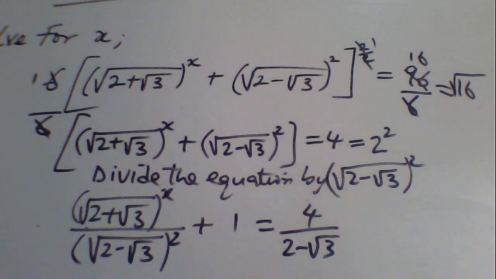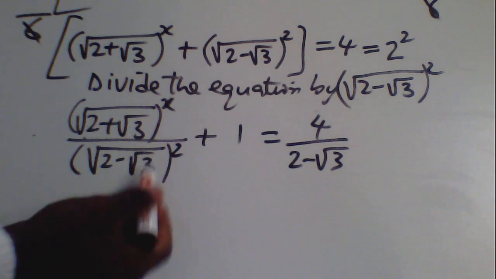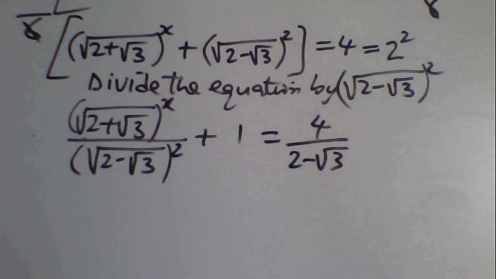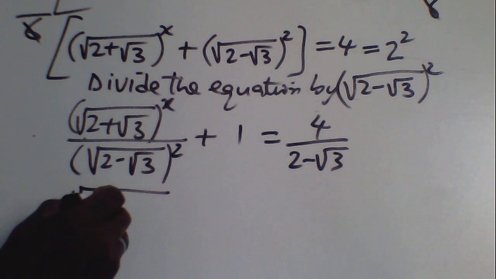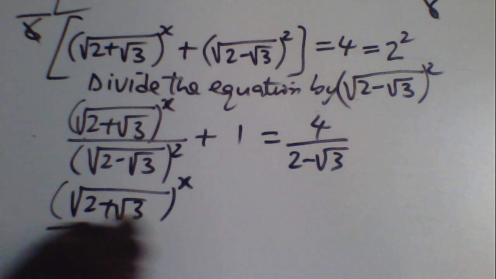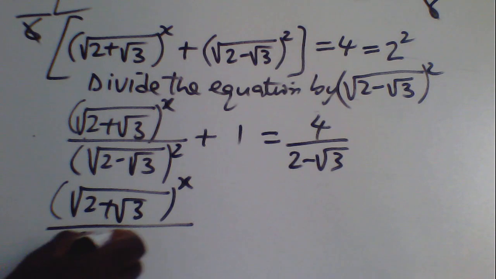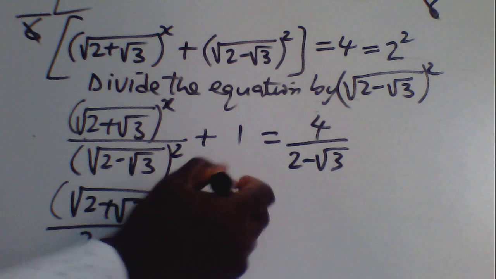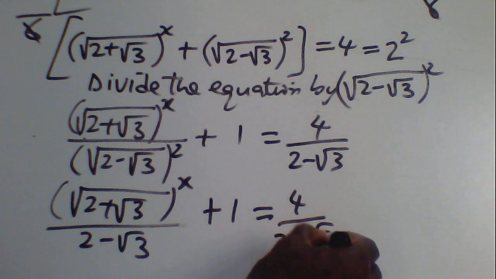So from here, what is the next thing we have to do? Our next step is to focus here. From here we have the square root of 2 plus the square root of 3 raised to power x divided by the square root of 2 minus the square root of 3, where the square root and the 2 cancel out, plus 1, is equal to 4 over 2 minus the square root of 3.